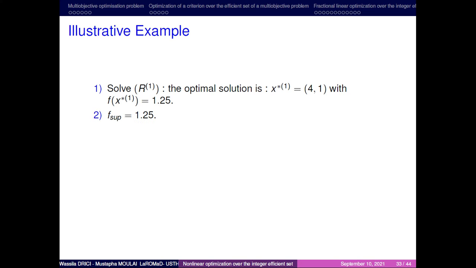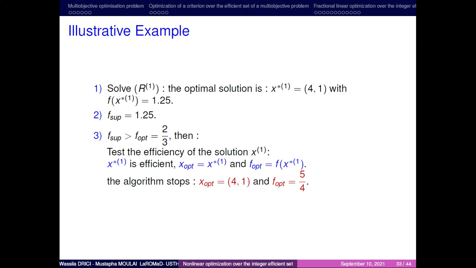We set f sub equal to 1.25, and as f sub is greater than f opt, we test the efficiency of the solution x1. x1 is efficient. Then we update the value of x opt and f opt. x opt equal to (4, 1) and f opt equal to 5 divided by 4, and the algorithm stops.